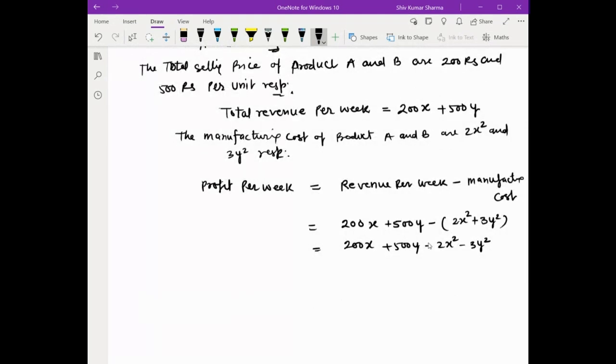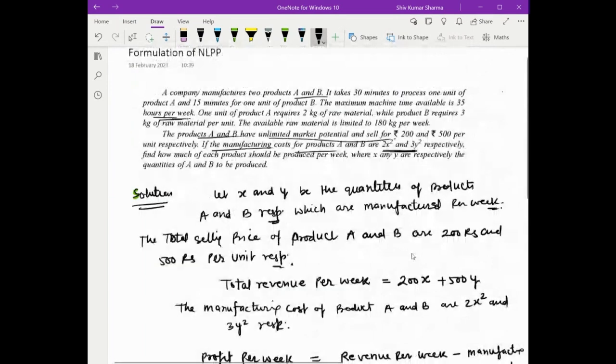Now we make the constraints. For making the constraints, we again read the question.